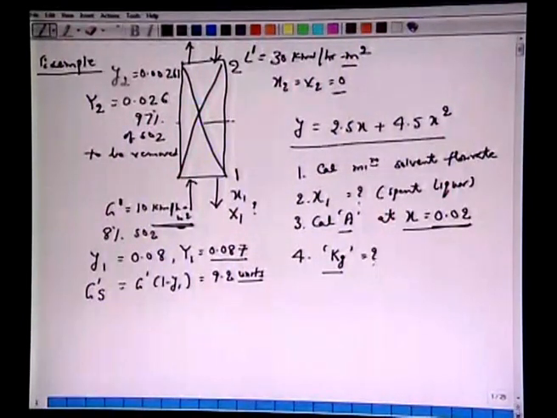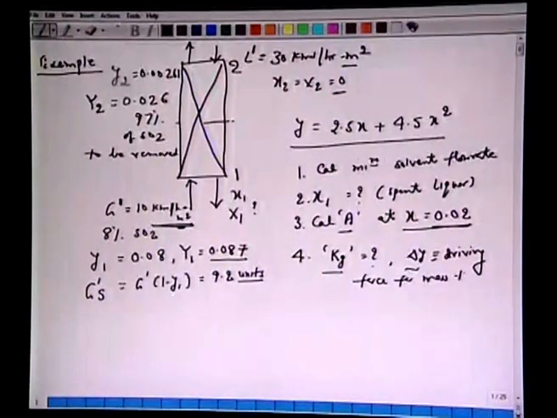So, what is small ky equal to at the same location where x equals 0.02. We have also been asked to calculate delta x, delta y, the driving force for mass transfer.